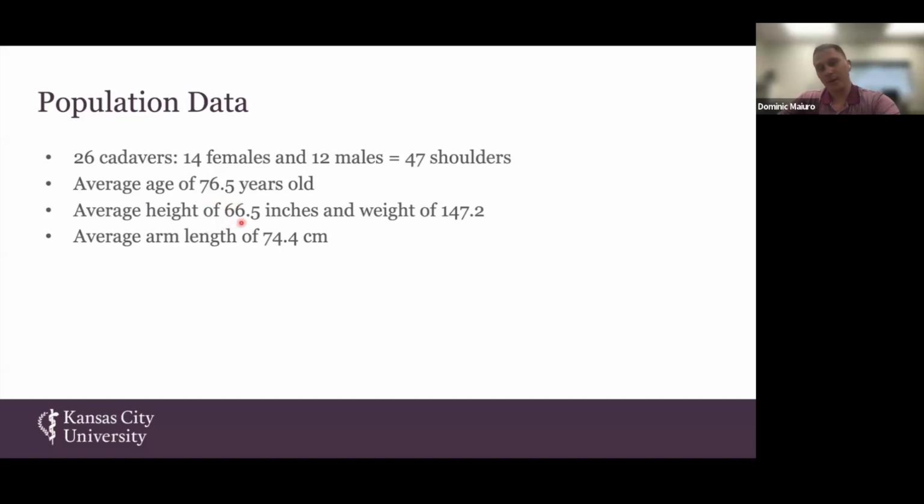The height was 5'6.5", and 147 pounds. I was very curious about the average BMI, and I looked it up, roughly 22 to 23. So a very healthy BMI, or a musculoskeletal healthy anatomy, right? That would be about the perfect patient you would want to represent your population. And then the arm length was 74 centimeters.